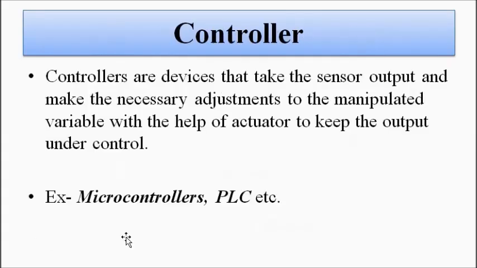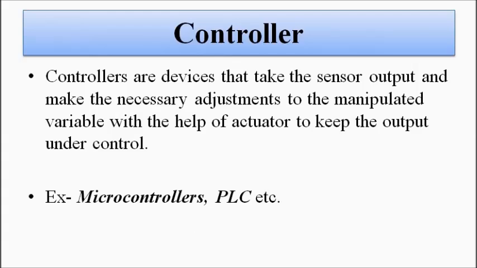The controllers used nowadays are microcontrollers. Various types of microcontroller configurations are available depending on the requirement, and suitable microcontrollers are used. PLC, SCADA are also used. There are various, very advanced things. I am not going into detail there, we will discuss it. So the controller basically influences the manipulated variable with the help of the actuator depending on the sensor output.